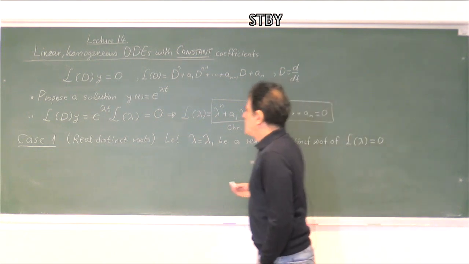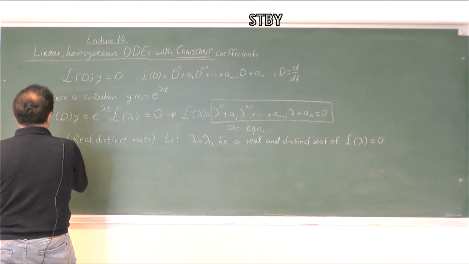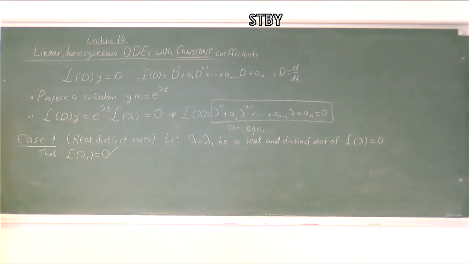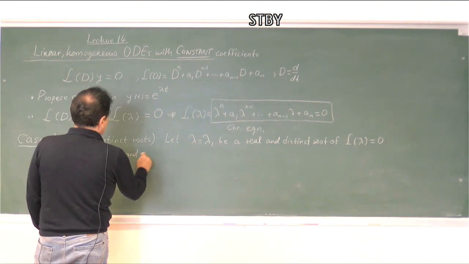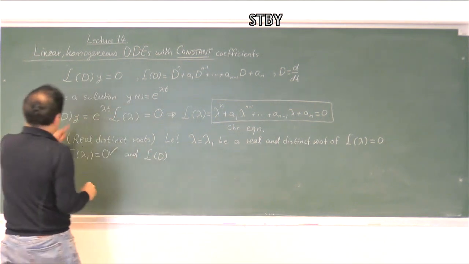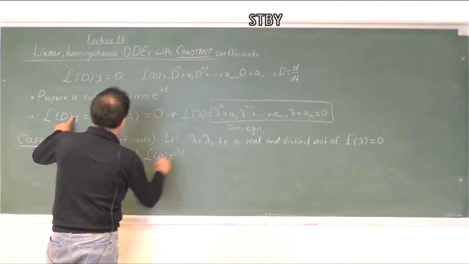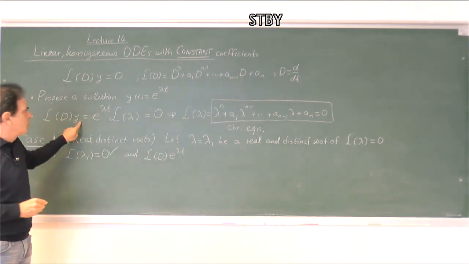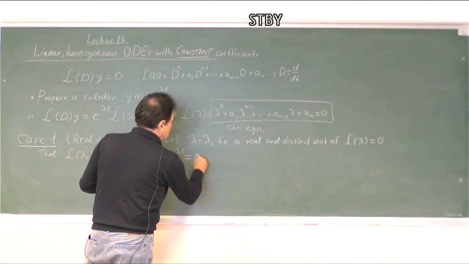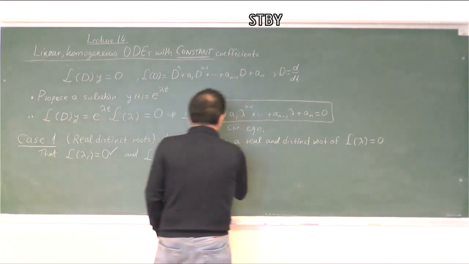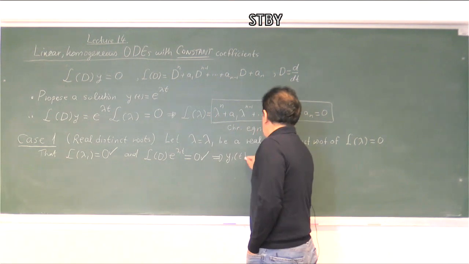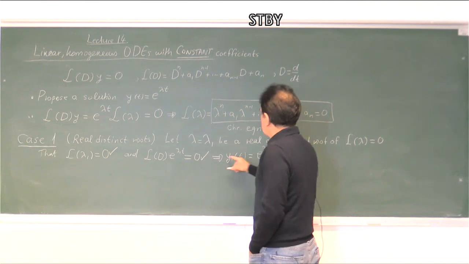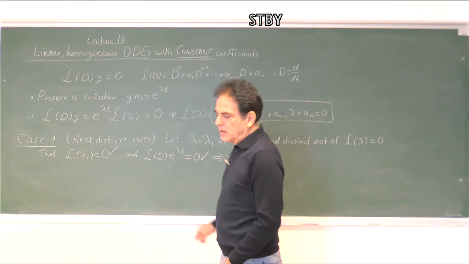That is, L(lambda 1) is indeed 0. And when we substitute y equal to e to power lambda 1 t into the equation, it is satisfied, telling us that one solution of the ODE is e to power lambda 1 t, with real lambda 1.